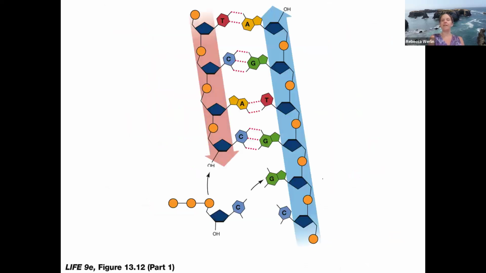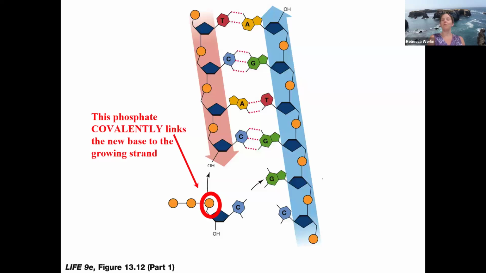And so here you can see we have a new base coming in. A cytosine is going to come in because the template strand of the DNA has a guanine, and cytosines hydrogen bond with guanines. And so the enzyme, the protein that's going to do this synthesis, is usually a polymerase, and polymerases polymerize or generate DNA and RNA.